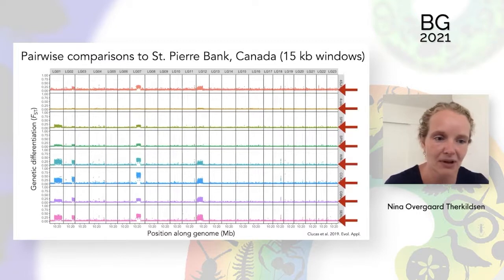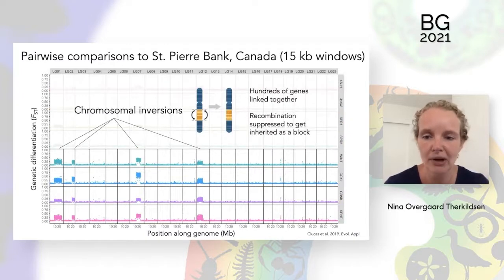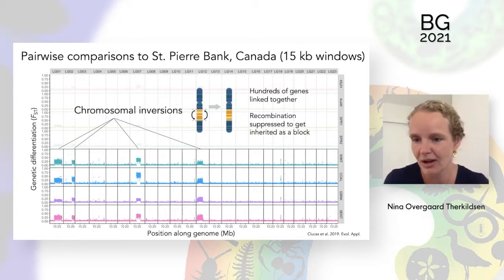So the first thing we notice is that genome-wide, there's virtually no differentiation between many of these populations, but we see these huge blocks that are known chromosomal inversions in cod that are showing highly elevated differentiation. And these patterns, even despite our very low sequencing coverage and low sample sizes, are showing up really clearly here.